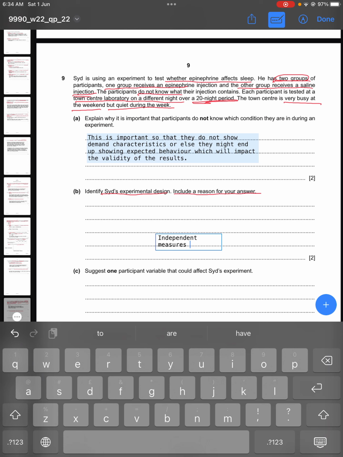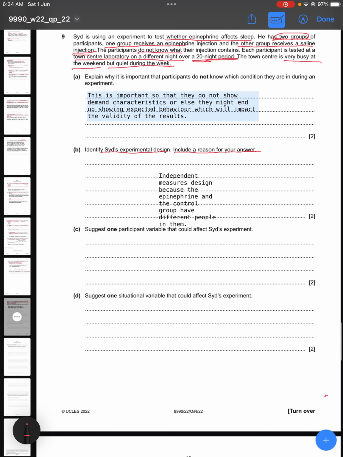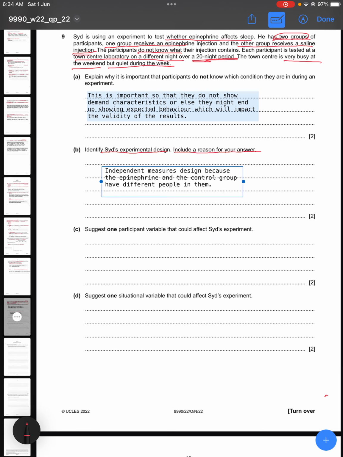You need to write the full word that it was an independent measures design. Why was it independent measures design? Because the epinephrine and the control group have different people in them. So we're telling it and linking it with the study by Sid.